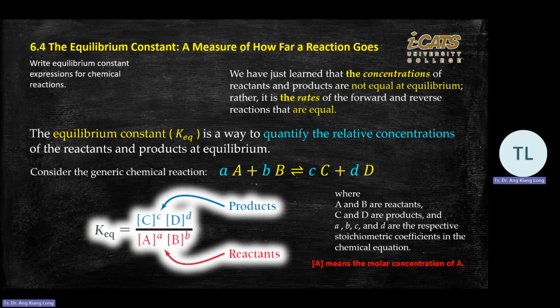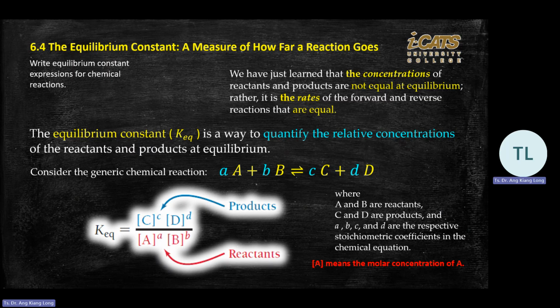The small c, d, a, b are what you see from the stoichiometric equation. You just copy and put it there. However, the capital C, D, A, B in brackets is the concentration. You need to calculate it by the gram and also the molecular weight.